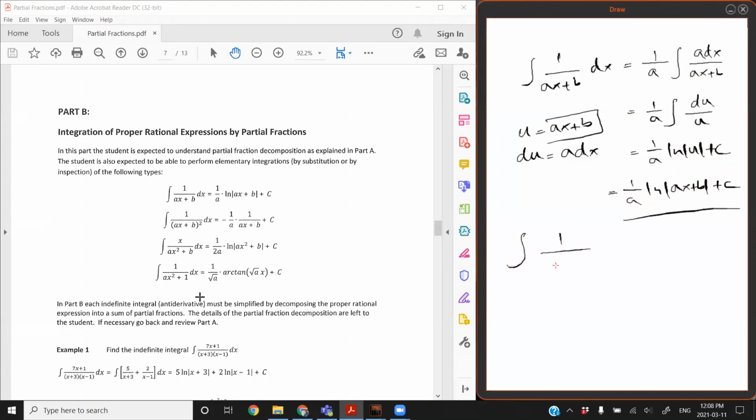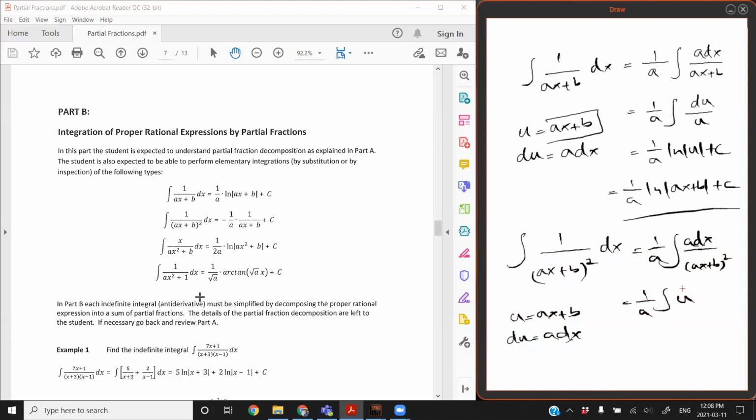If you have antiderivative of 1 over ax plus b to the power of 2 dx, you can take u to be ax plus b, du would be a dx, 1 over a integral of a dx. At the bottom you have ax plus b squared, and this becomes 1 over a integral of u to the power of negative 2 du, which you can then do by a formula.